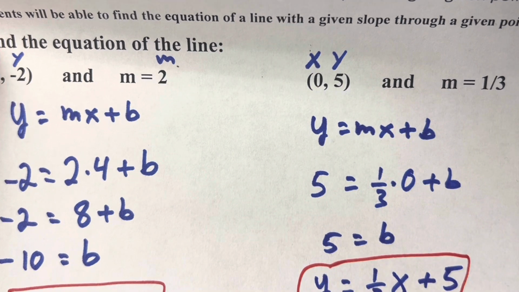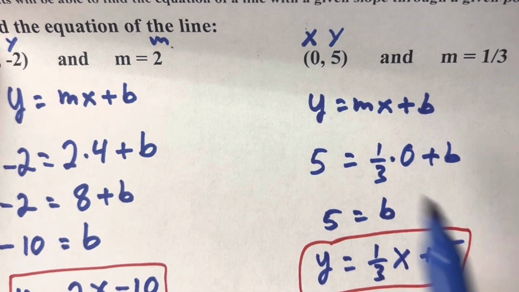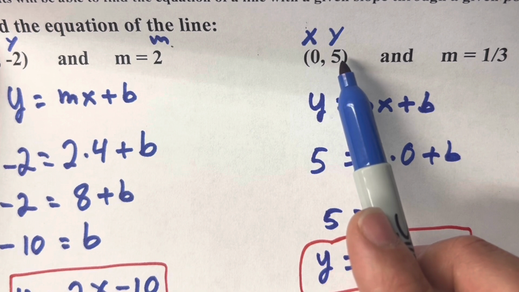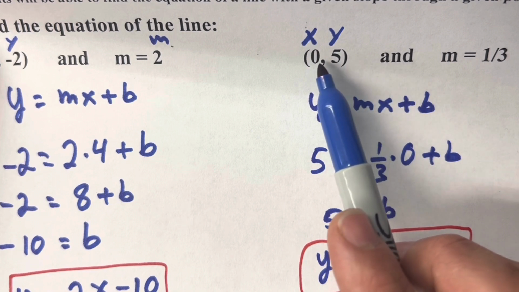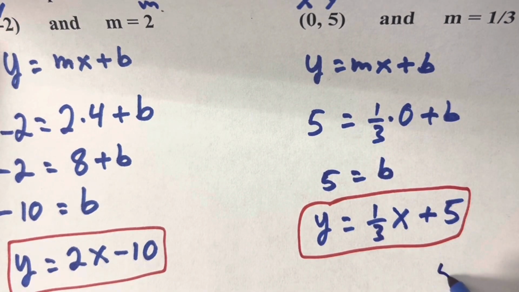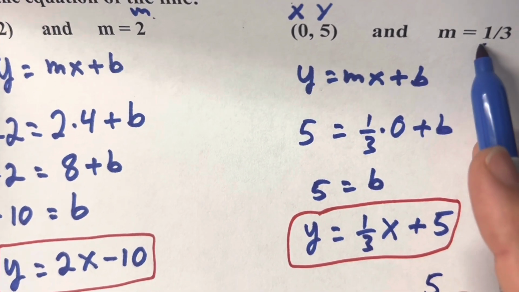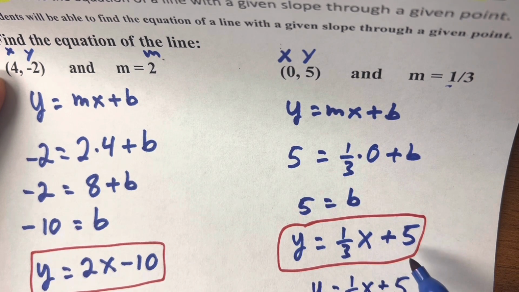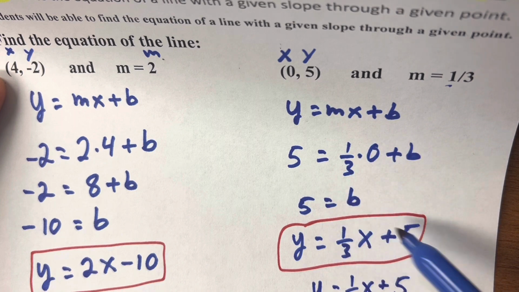Now let me tell you something. If you remember, when x is 0, the value of y is the y-intercept. So I know that if x is 0, that value is b. I can just write the 5 here right away. And I have the slope, 1/3. So I can right away just write y equal 1/3 of x plus 5, because I don't need to do all this process to find the b, because I already have it.